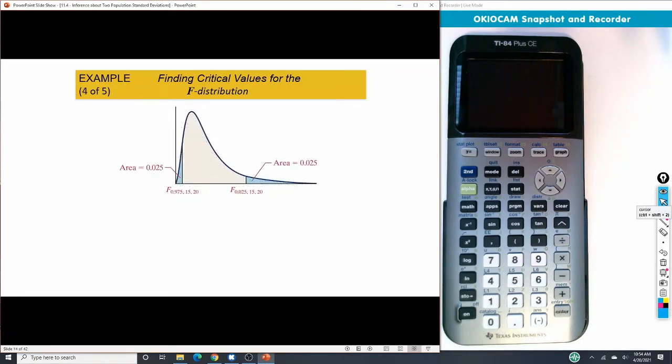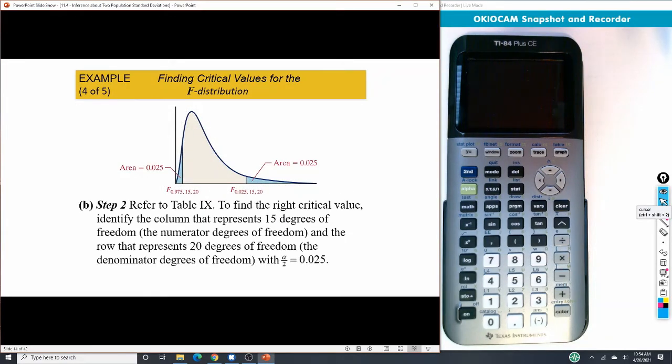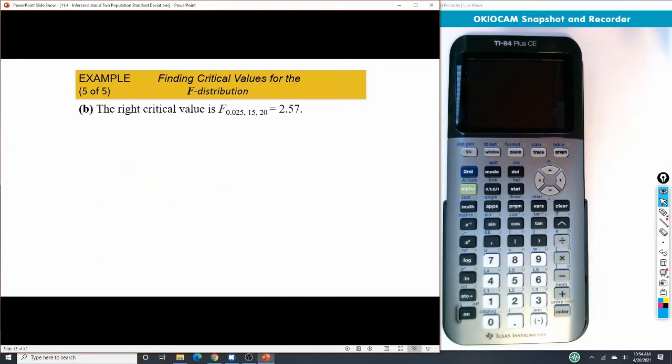We start with our first one, our alpha over 2, because that one is direct. It says to the right of that one, so we do that one directly as it is. We would go to our table of values, look for a numerator of 15, denominator of 20, and then find the 0.025 group.